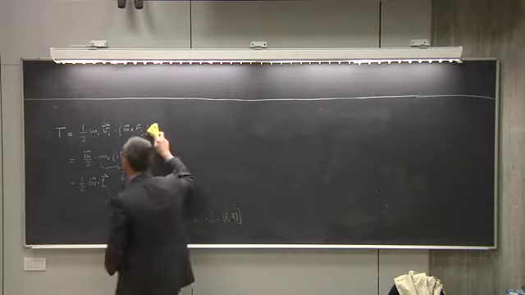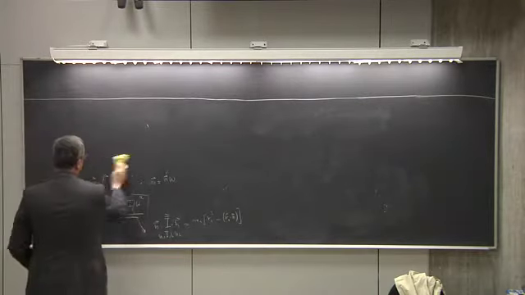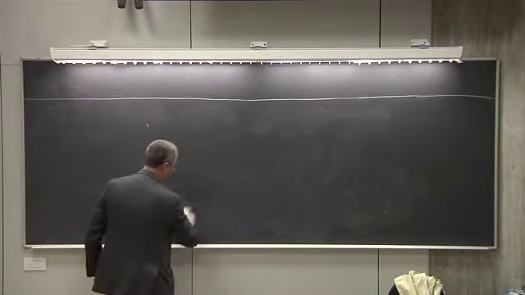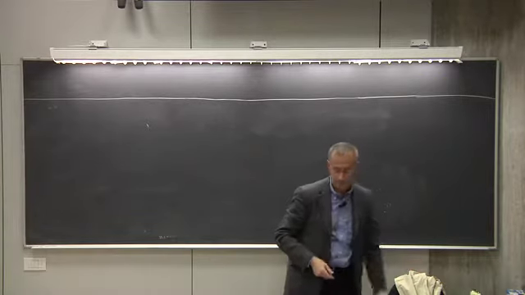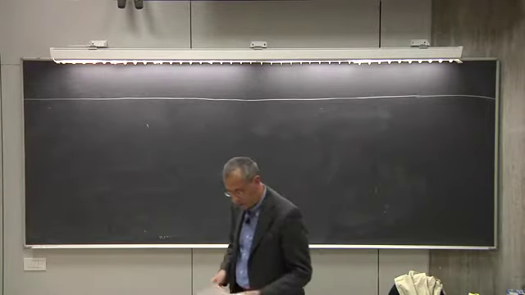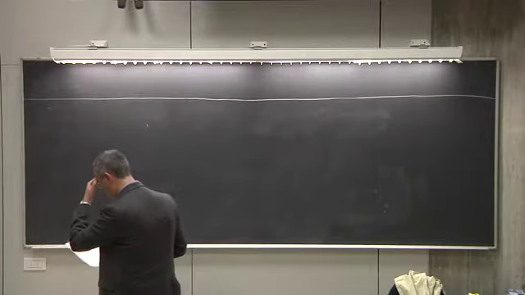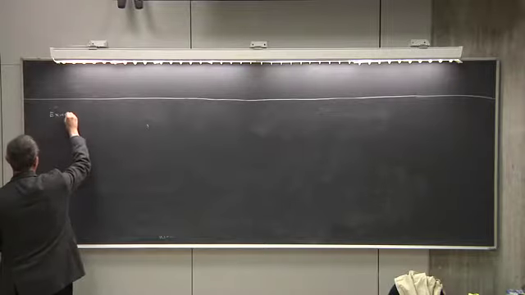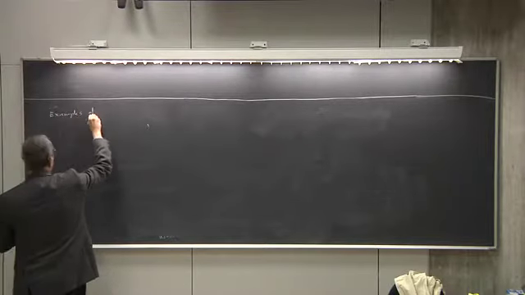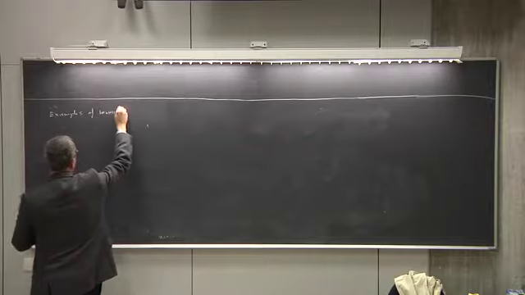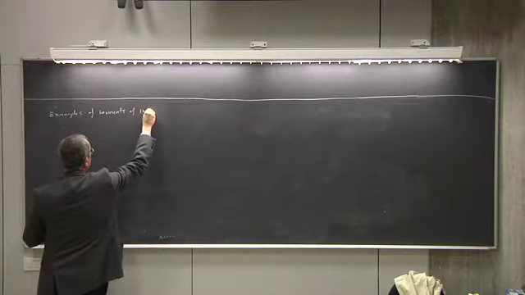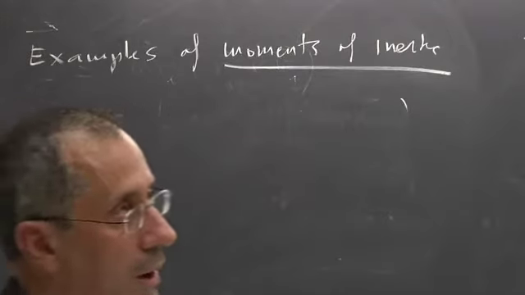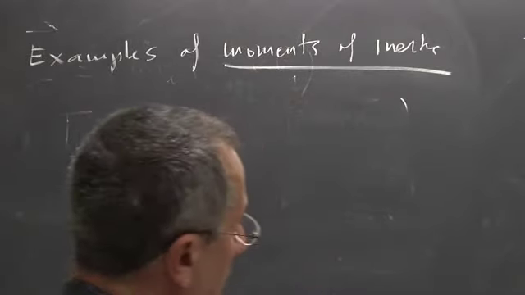So what you want is an object, and then you compute the moment of inertia of that object, right? Let's start from the simplest object. I want to write some examples of moments of inertia, what I call I. You remember, well, I erased it.